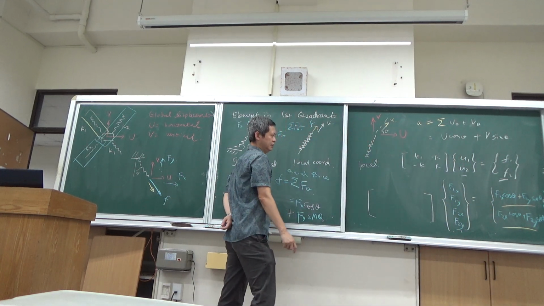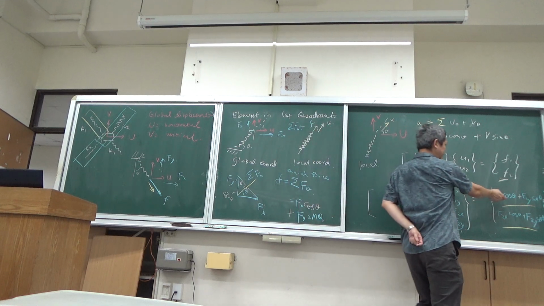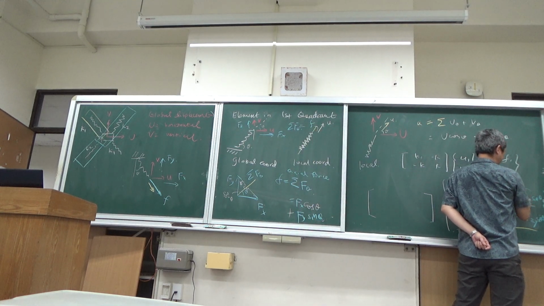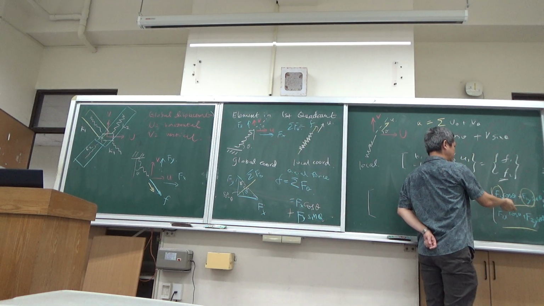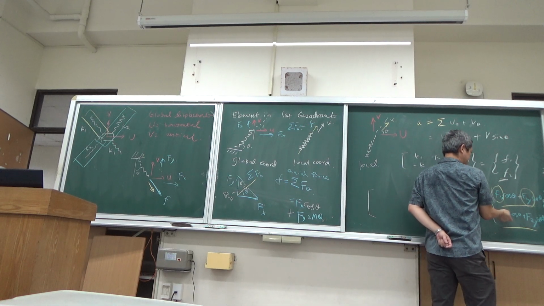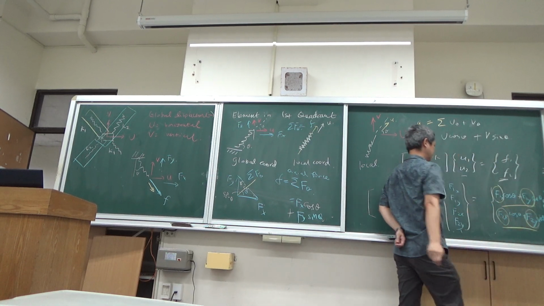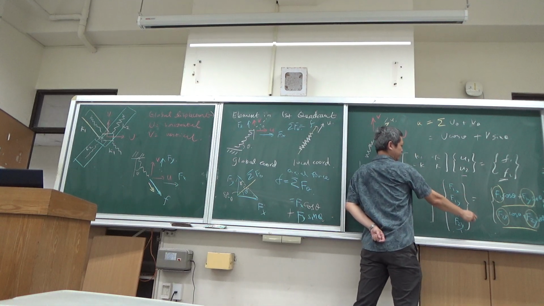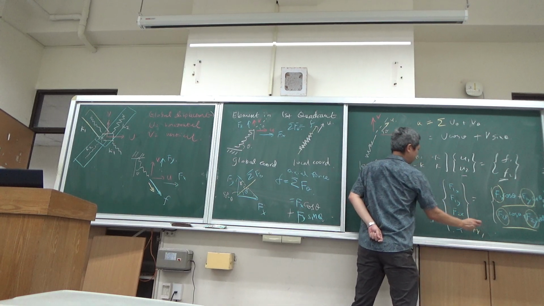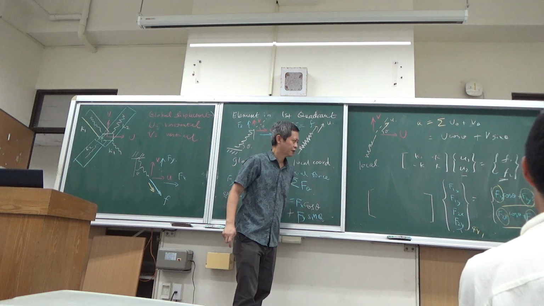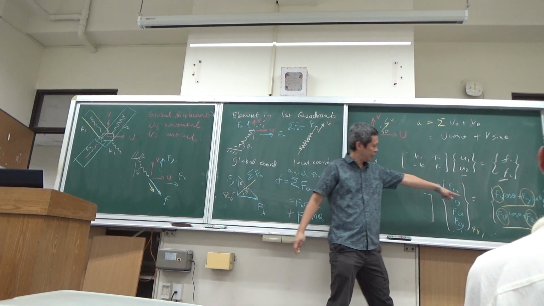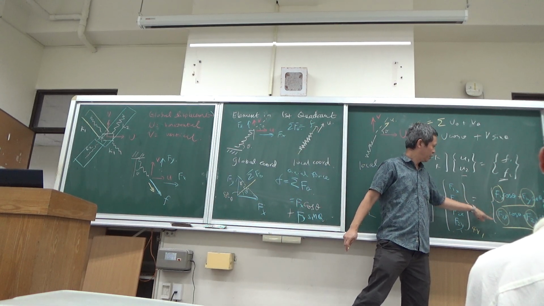How many forces do you have? Not one force in the x direction, but force one in the x and y directions, and force two in the x and y directions. So you now have a 4 by 1 force vector, but in the end, you can enter them into a 2 by 1.